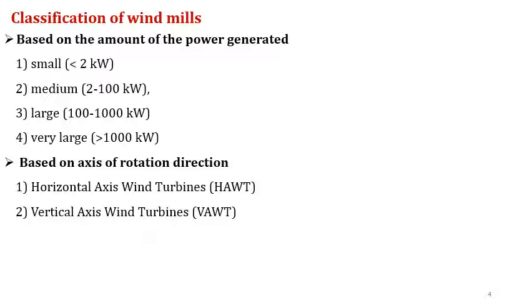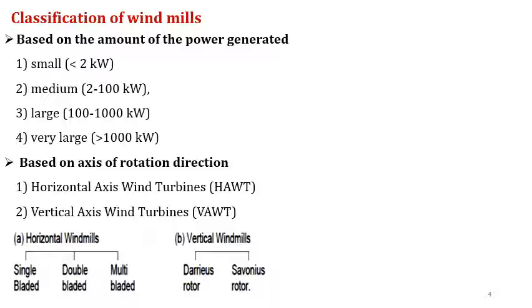If the axis of rotation is vertical, the sails or blades may also be vertical, as on the ancient Persian windmills, or as on the modern Darrieus rotor machine or Savonius rotor machine, which is called a vertical axis wind turbine.